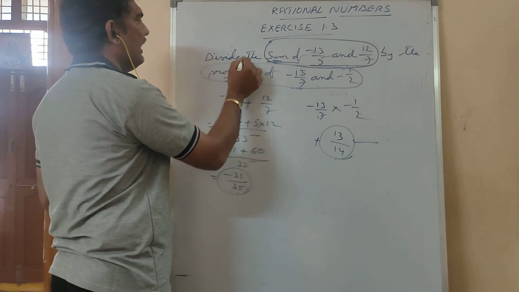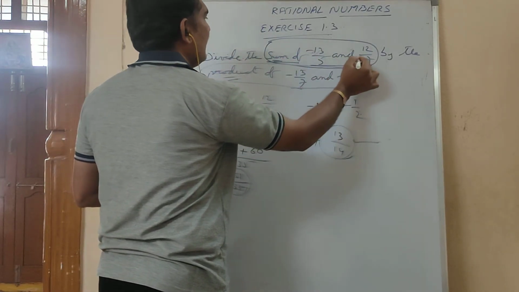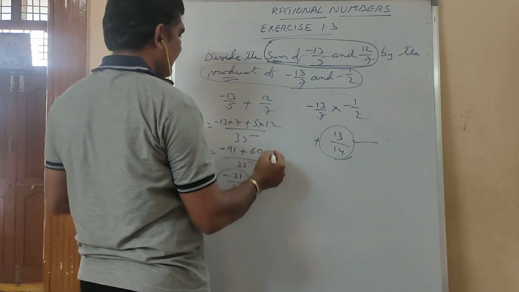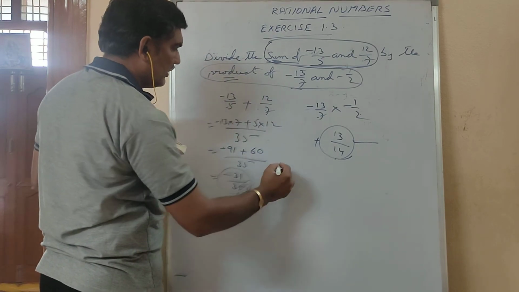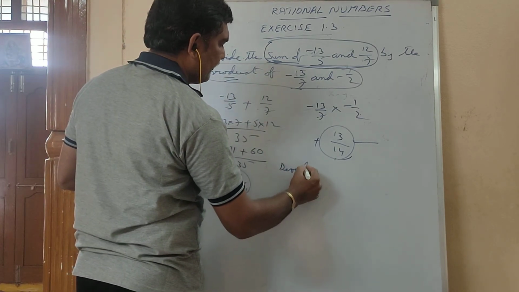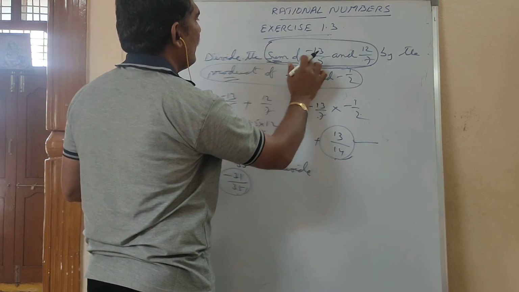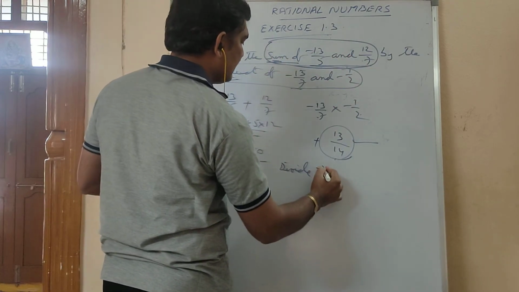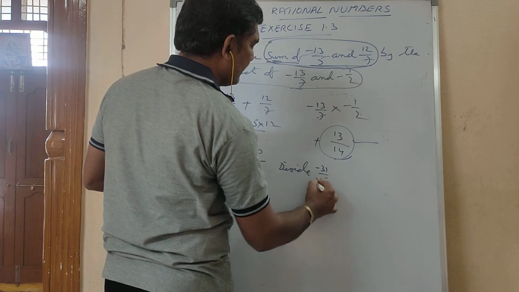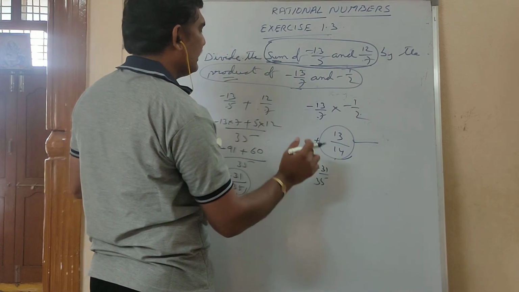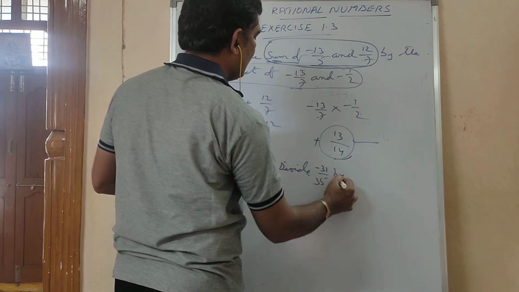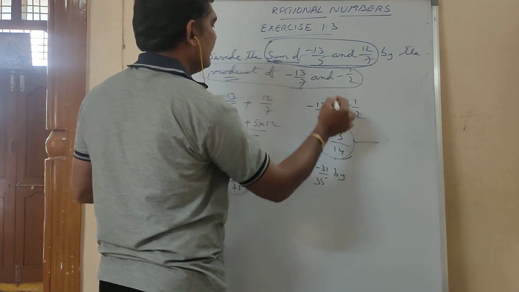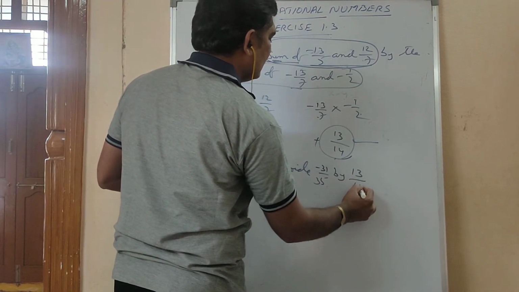See here, divide. In place of this entire thing, you can write this fraction. I am writing the question again. Divide the sum of these two, which you got as minus 31 by 35, by the product of these two, which you got as 13 by 14.